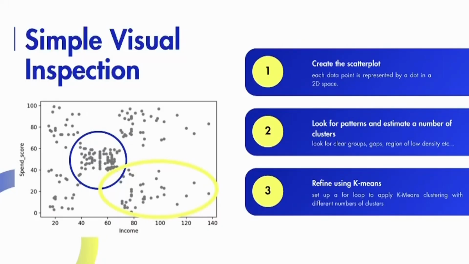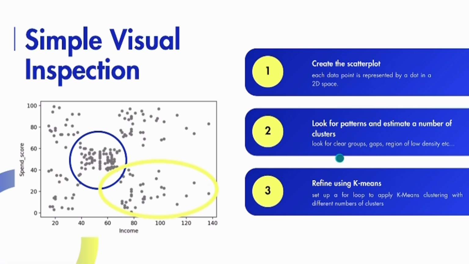So the first method we are going to see is the simple visual inspection, which is a quick and intuitive method often used for two-dimension data. So the first step is to create the scatter plot. Here each point you see is a representation of a data point in this 2D space.